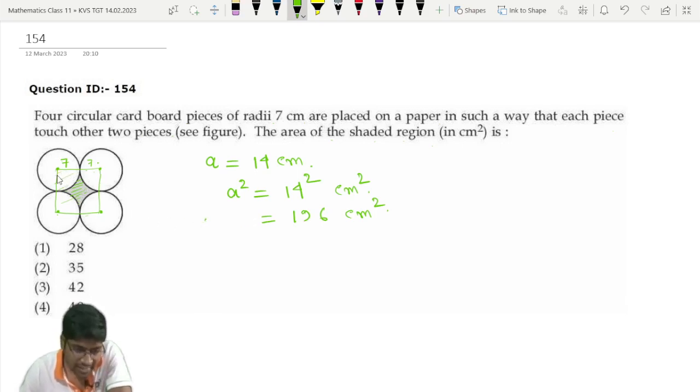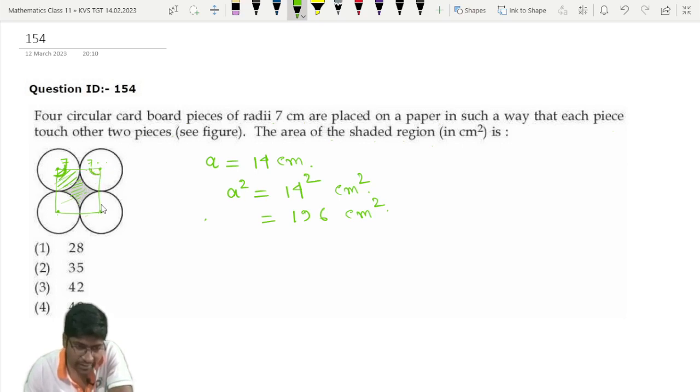Now what will be the area of this sector? As this is a square, from the figure we can see all the angles will be equal to 90 degree.